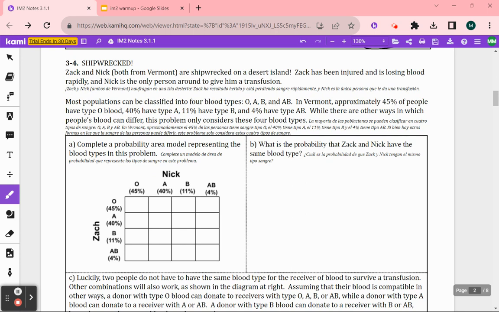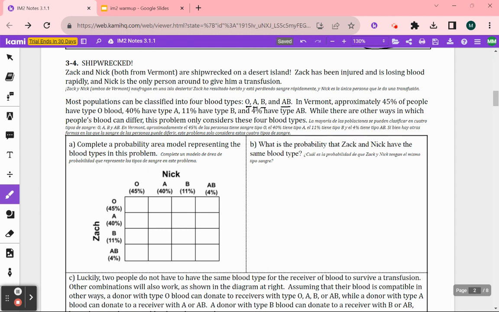3-4, Shipwrecked. Zach and Nick, who are from Vermont, are shipwrecked on a desert island. Zach has been injured and is losing blood rapidly, and Nick is the only person around to give him a transfusion. Most populations can be classified into 4 blood types: O, A, B, and AB.